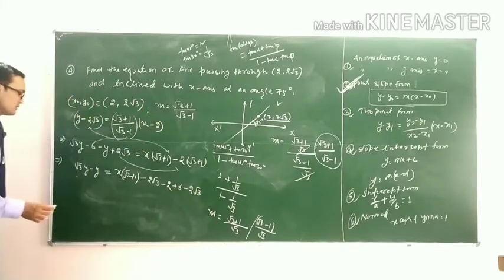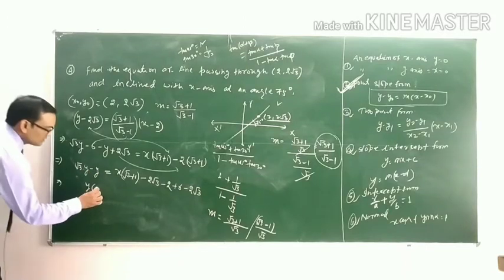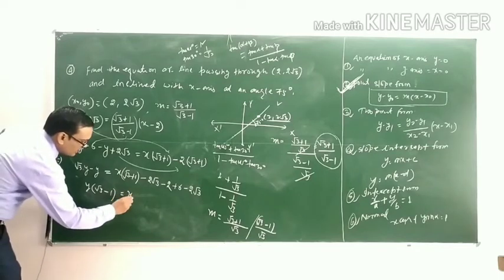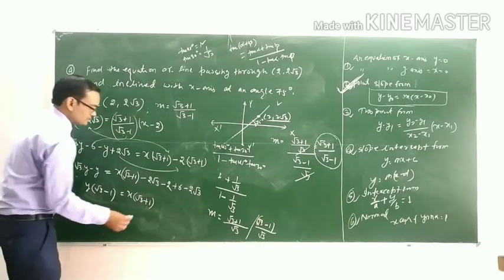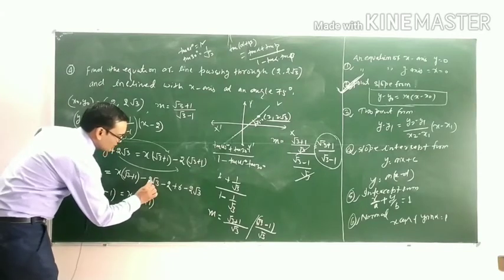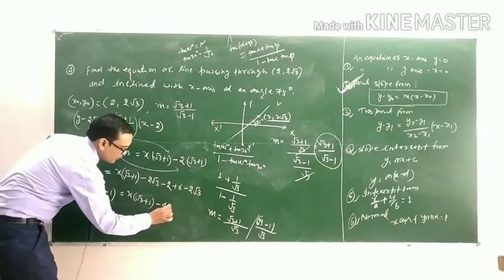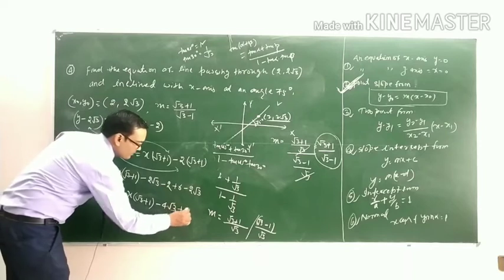Okay students, this implies that we take a common y, root 3 minus 1 is equal to x root 3 plus 1 and here minus 2 root 3 minus 2 root 3 is minus 4 root 3 and minus 2 plus 6 is plus 4.